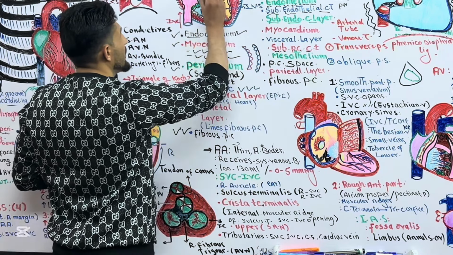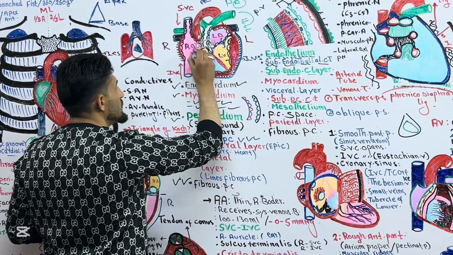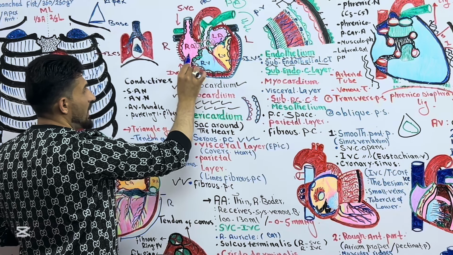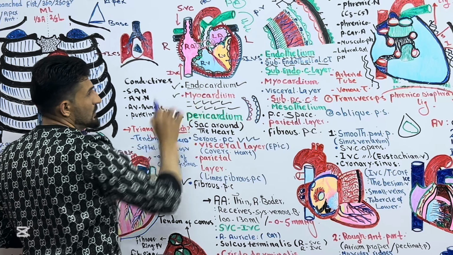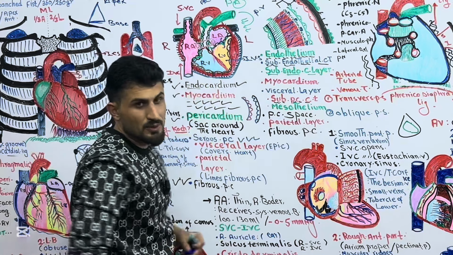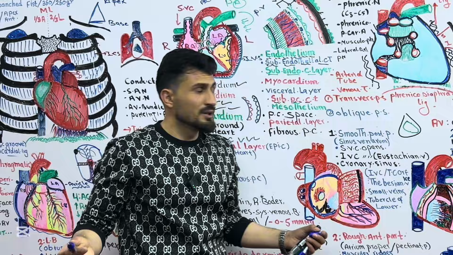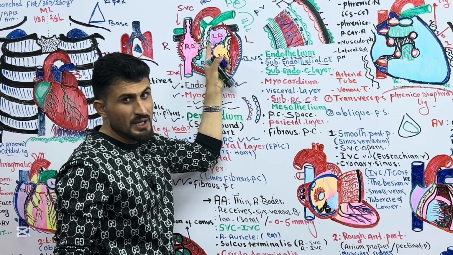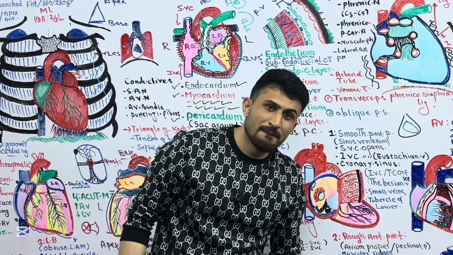We know that during fetal life, there is a foramen between the right atrium and left atrium, called the foramen ovale. So this valve helps the blood of the inferior vena cava go easily from the right atrium to the left atrium. But in adulthood, this foramen is closed, and there is no exact function of the Eustachian valve.